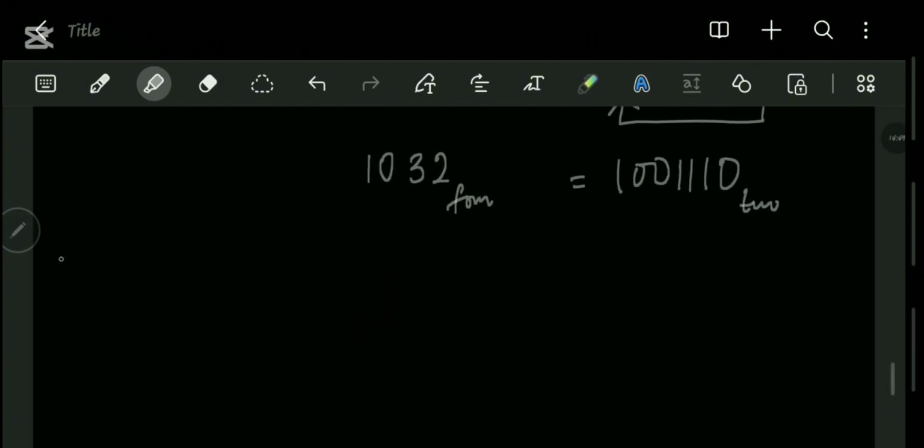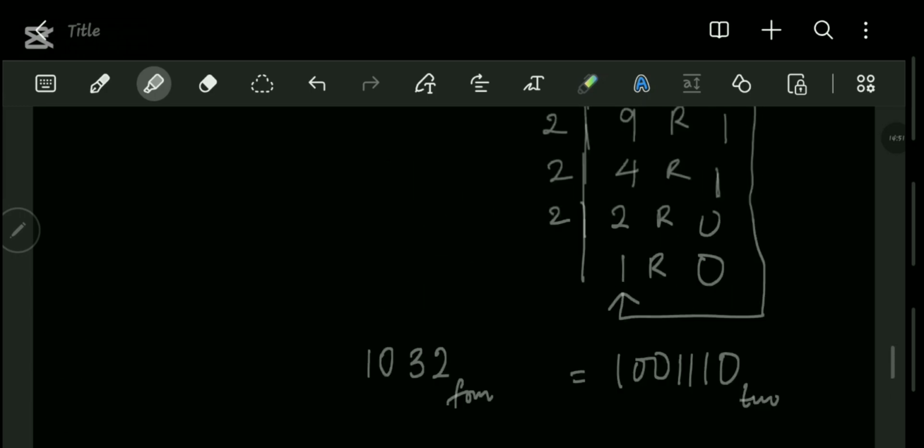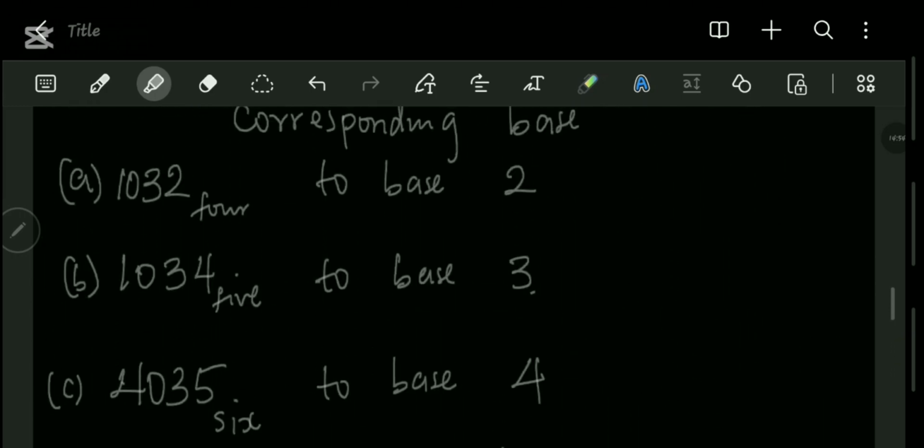Alright, for question 2 or for B, we have 1034 in base 5 and we have to convert that to a number in base 3. So the same principle applies. Since the number is not in base 10, we first convert to the original system of counting, right? Then we divide by 3 and keep our remainders.